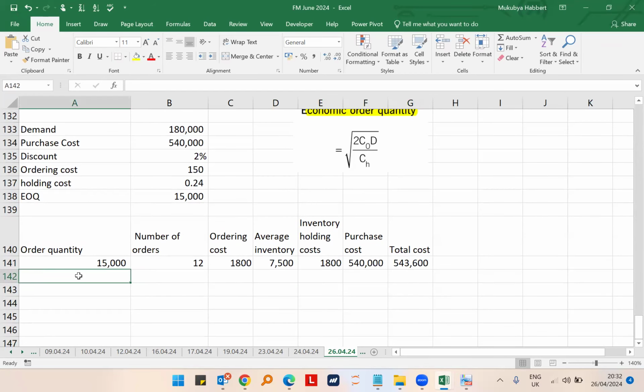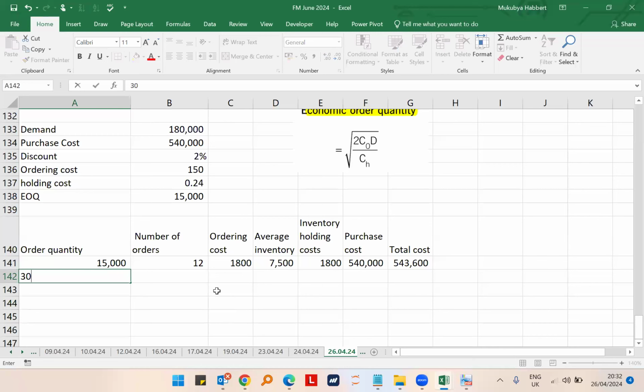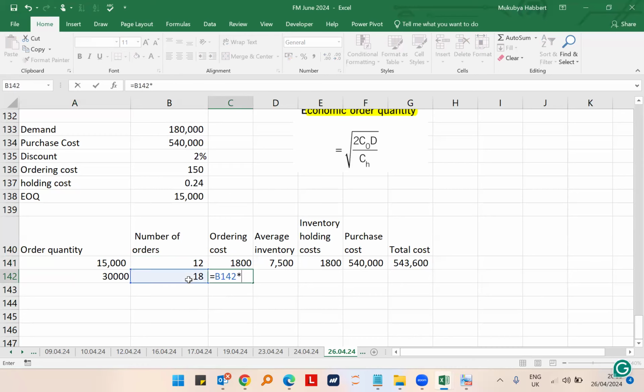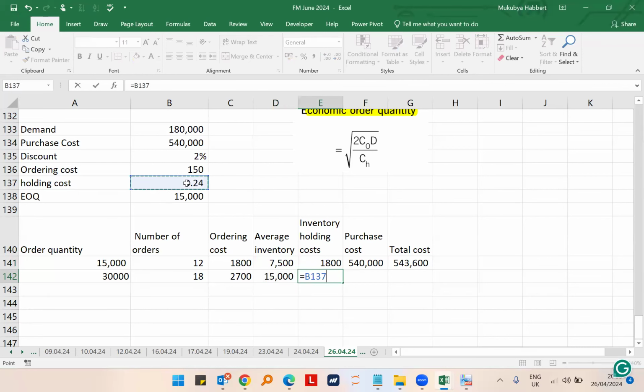Now, when we come to the discount, they are saying the discount is given to us when we order 30,000 units or more. So 30,000 units. So of course now those are going to be 18 orders. Then ordering cost is 18 multiplied by the cost of ordering for each order. Then average inventory is still going to be divided by 2, so 15,000. And the inventory holding cost is 24 cents times 15,000.